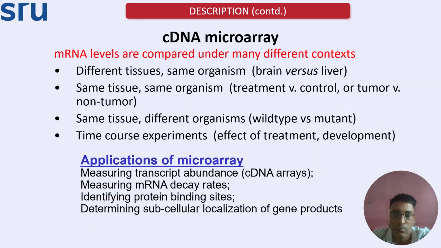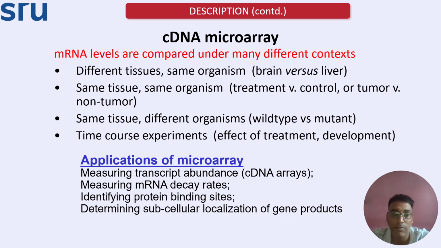Alright, so I think you might have enjoyed this short video to understand what we have been discussing so far. Now see, the microarray has been used in different conditions, different tissues, or the same organism, like brain versus liver.